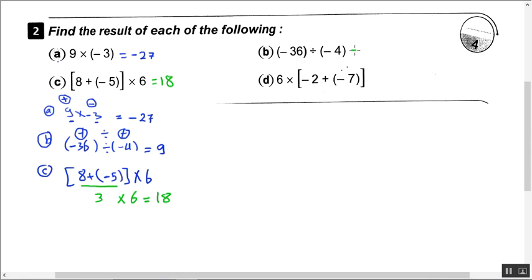And here, question number B, we have here it will be 9. Question number D. He said 6 times negative 2 plus negative 7.